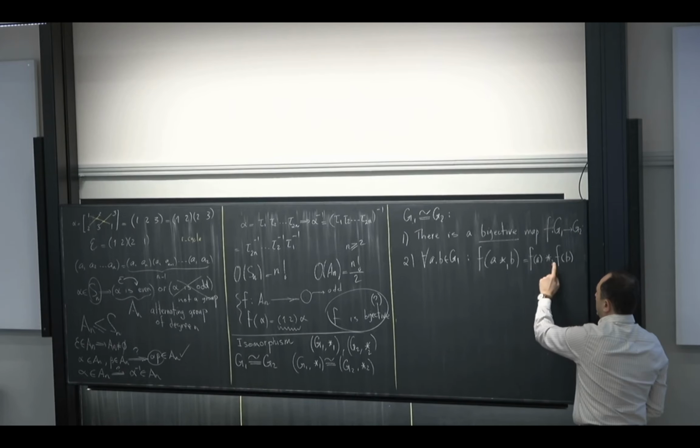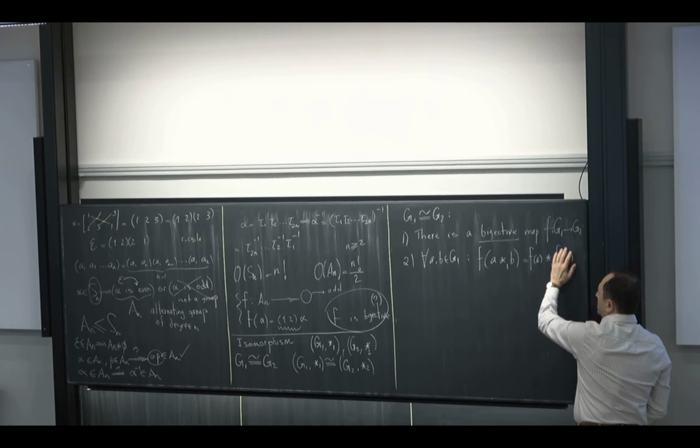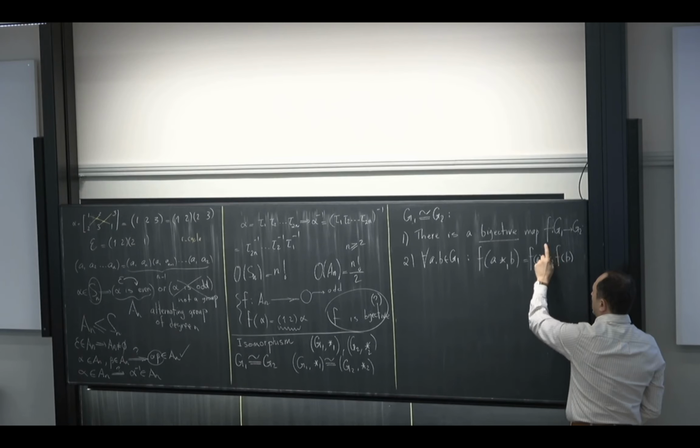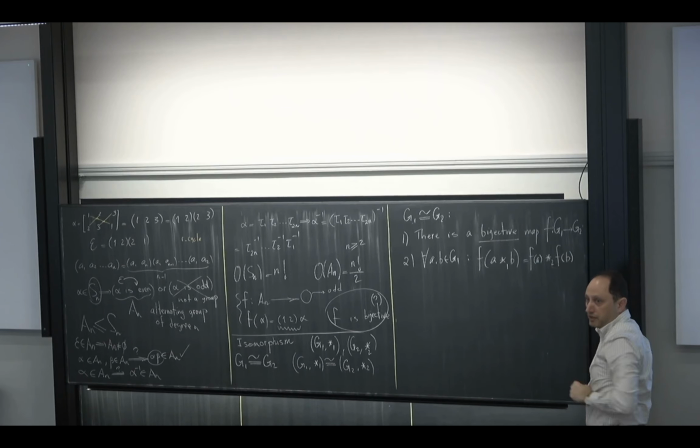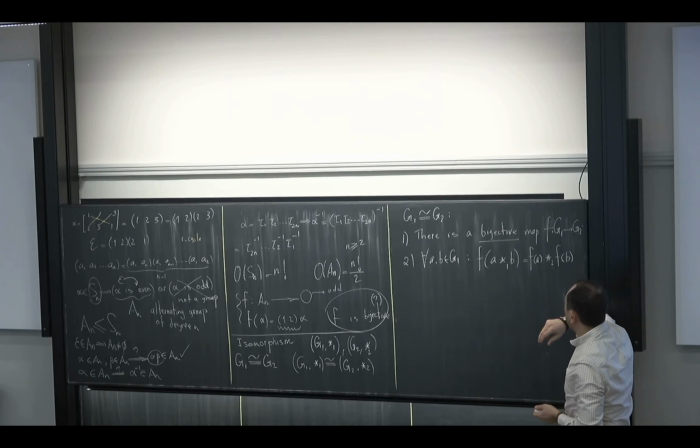And if F applies on B, I go somewhere in G2. If I want to combine them with a binary operation, that binary operation is not the same binary operation here. It should be the binary operation there. So if this is the case and this is the case, I would say that these two groups are isomorphic.